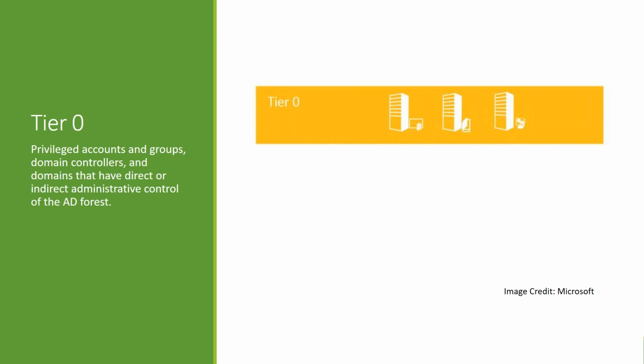So for instance, Tier 0 administrators who will be using domain admin privileges to log on to those DCs periodically to perform maintenance tasks. And these administrators in this tier, they can manage domain controllers and any other systems that have effective control of it. So they can manage and control assets at any level.